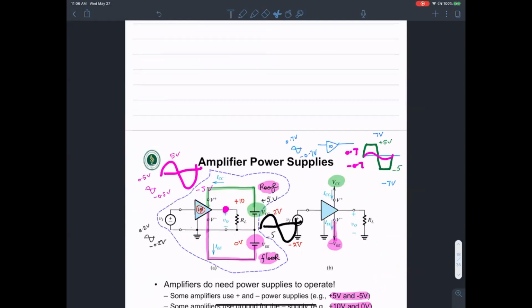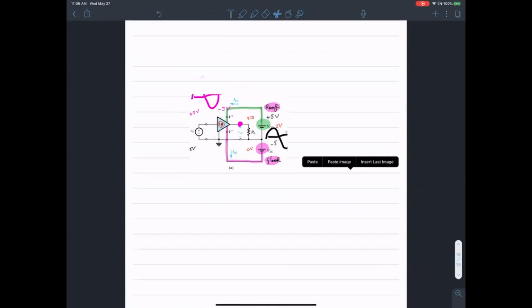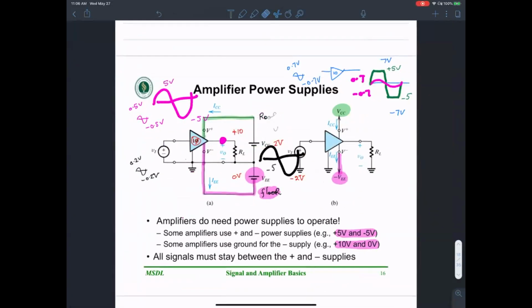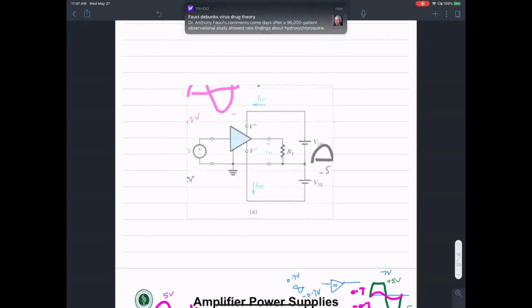I'm trying to keep it as clean as possible. Ignore all of that. I'm going to clean it all up and then copy. Now I can put it back on. Perfect. As good as it can be.